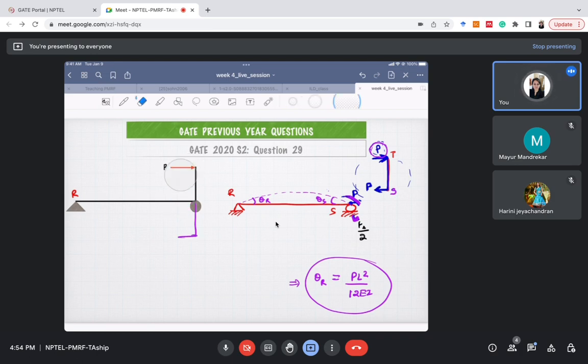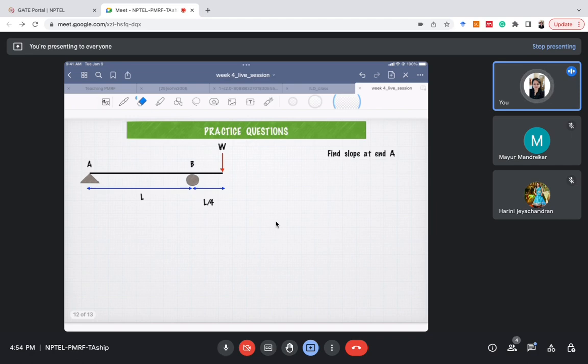I'll just show you one more question. Just try to do this question. It is very, very similar. You just need to find the slope at A. Just try with that load shifting method only. Just try to solve it. You have to find theta A. Very, very similar question.